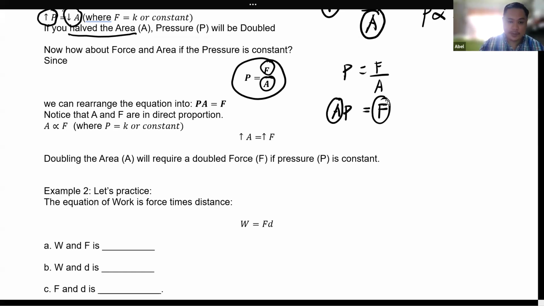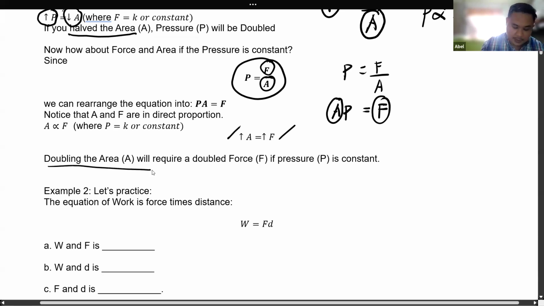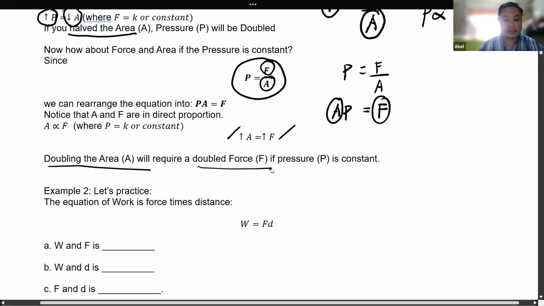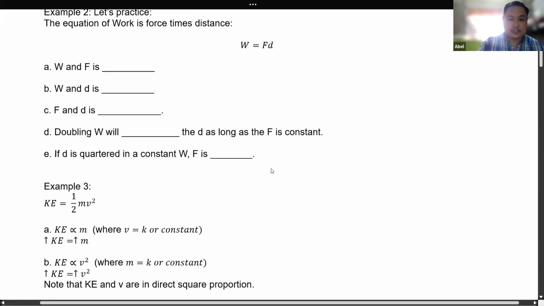What will happen? As you increase the A, the F will also increase, provided that the pressure does not change, or the P is constant. This leads us to the conclusion that doubling the area will require a doubled force if the pressure is constant.